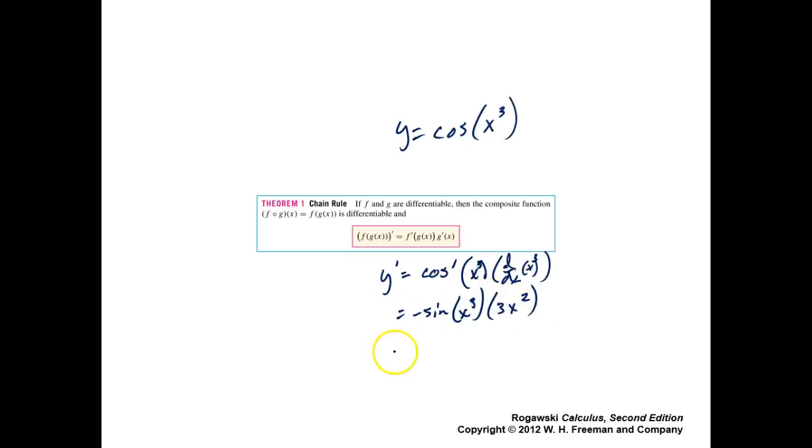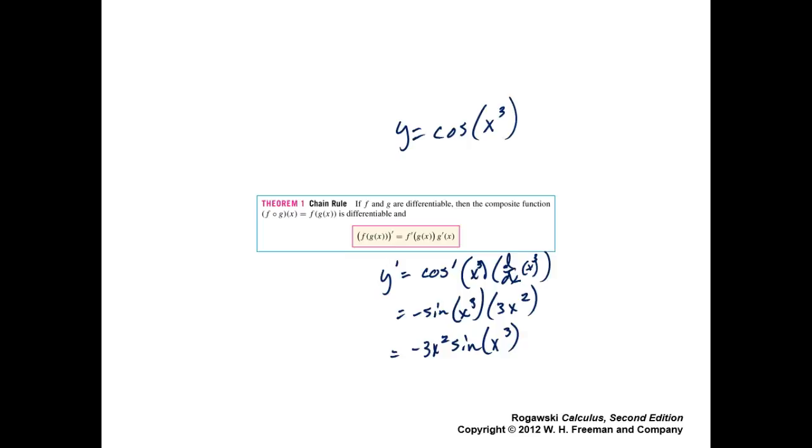Okay? So cleaning that up a little bit, and this may be why people like to do the derivative of the inner first, I don't know. I would write that as minus 3x squared sine of x cubed. There's no real reason to write it that way, except I like to get the signs and the numbers out front, so that's why the minus 3 got out there. Minus was already there, but I brought the 3 over.